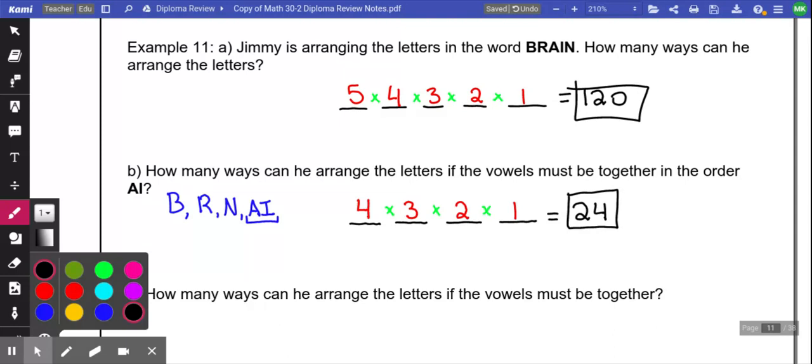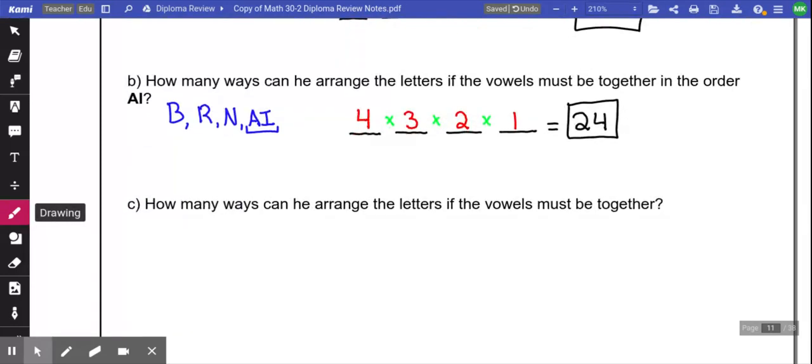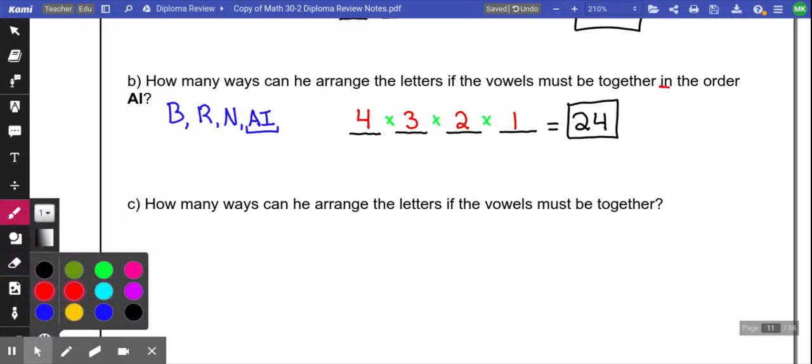Now, part C is very similar. The difference in part C is that in part B, they said in the order AI. That's important. Part C does not say that. So we're still going to do the question pretty much the same way. There's the letter B, the letter R, the letter N, and then the vowels, and we're still going to treat them as one thing.